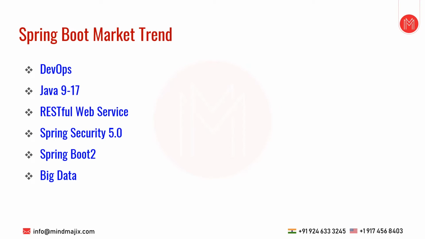And one more market trend is Java versions 9 to 17. Any development team using Java should think of putting their budget into learning Java itself. True, Java has not made any dramatic changes to the language since Java 8, because from Java 8 onward, many features were added into Java.